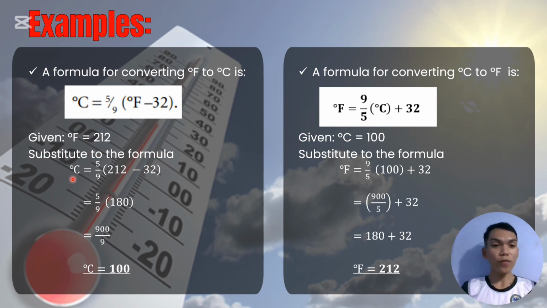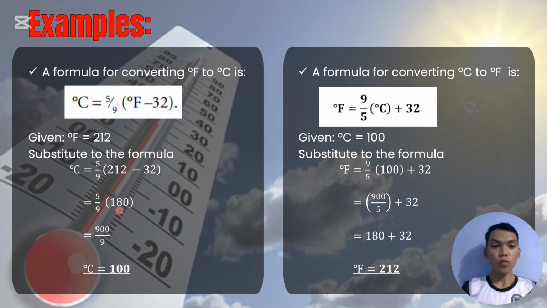So we have degrees Celsius is equal to 5 over 9 multiplied by 212 minus 32. The next step is to subtract 212 minus 32, and we get the answer 180.